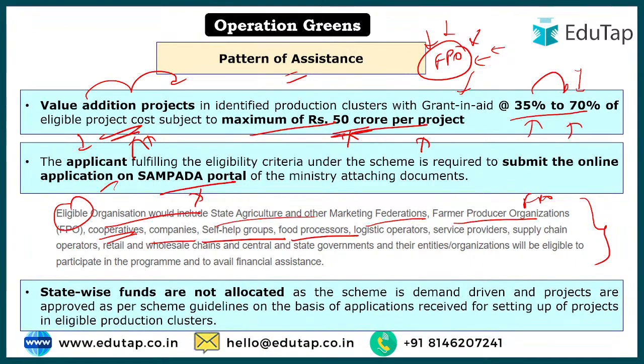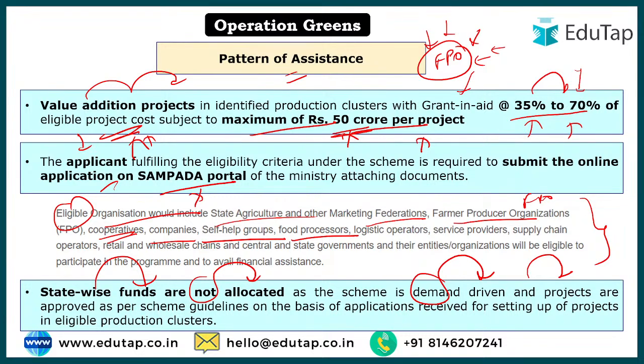And very important to note is that there is no state-wise fund allocated. Why is there no state-wise fund under the scheme? Because it is a demand-driven and project-driven process, right? Here assistance will be given only to projects which are eligible, from FPOs or cooperatives or whoever the eligible beneficiaries are who want to establish projects under the scheme.